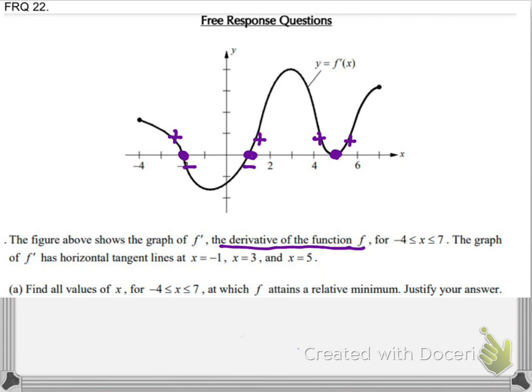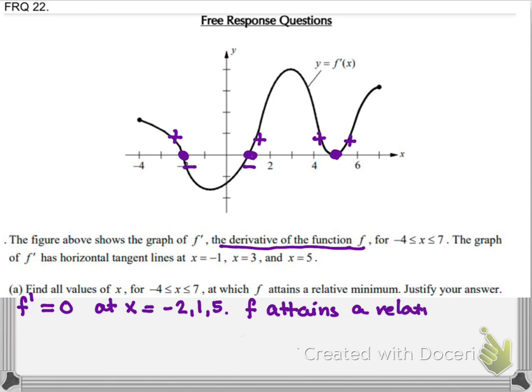How do you justify? I'll justify it by saying f prime is equal to 0 at x equals -2, +1, and 5. And I'm going to describe where the relative minimum is. F attains a relative minimum at x equals +1.